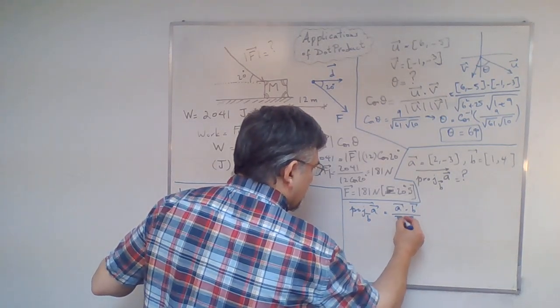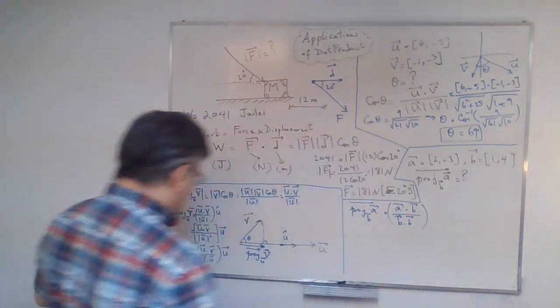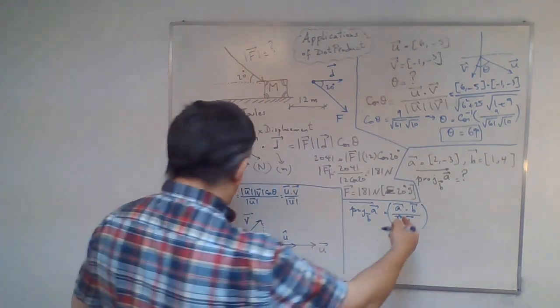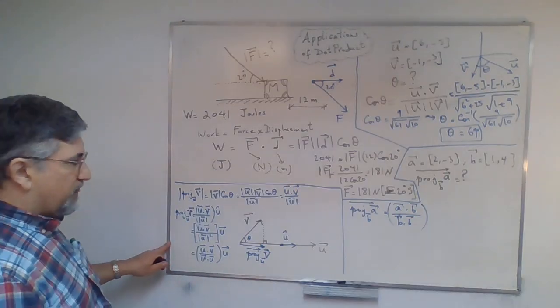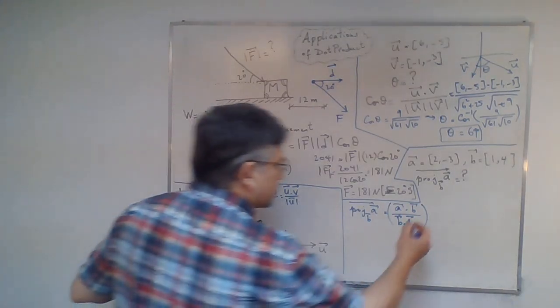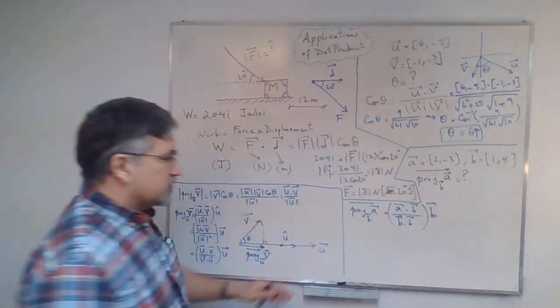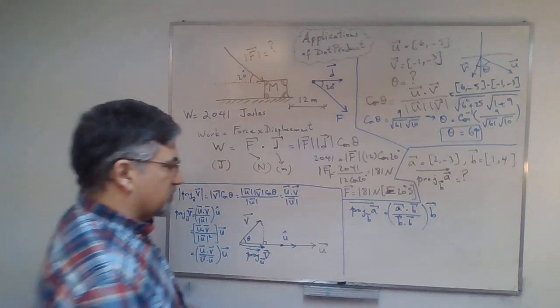B dot B. And this would be a scalar times vector U itself. In this case, it will be vector B, okay? So that's vector B. So that's the formula tailored for our question.